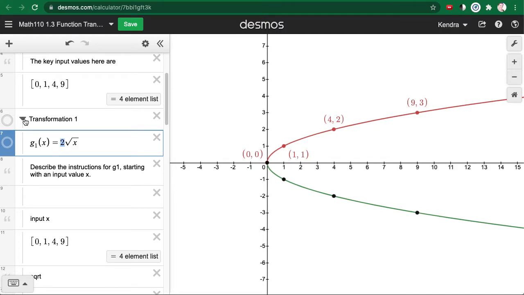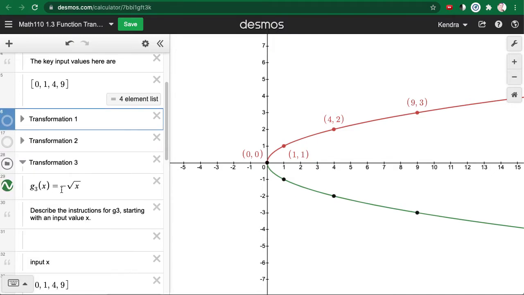And multiplying by a negative has the effect of reflecting. So we are scaling the y coordinates by -1, which has an effect of reflecting across the y equals 0 line. Okay, and the y equals 0 line is the x-axis.